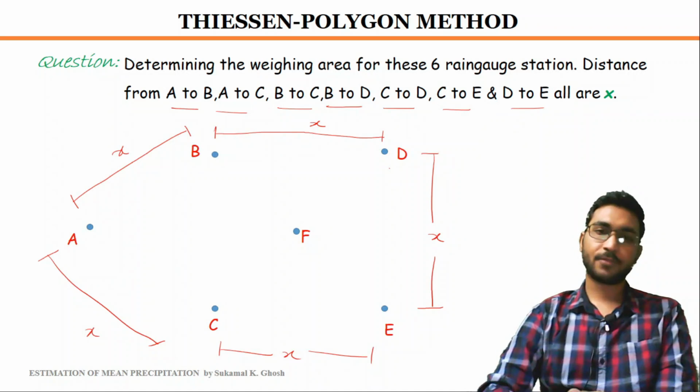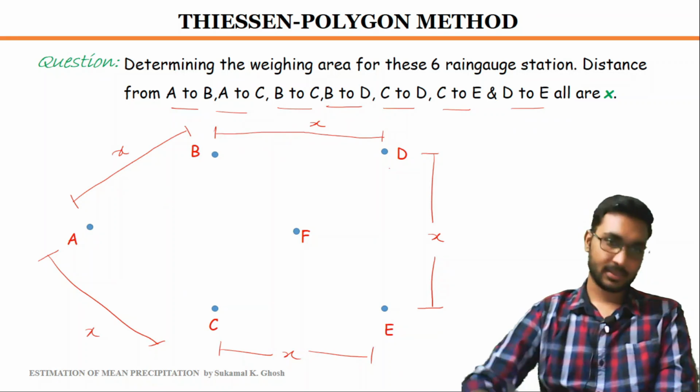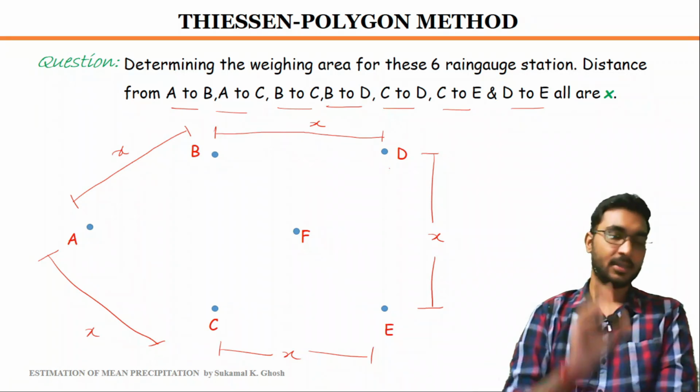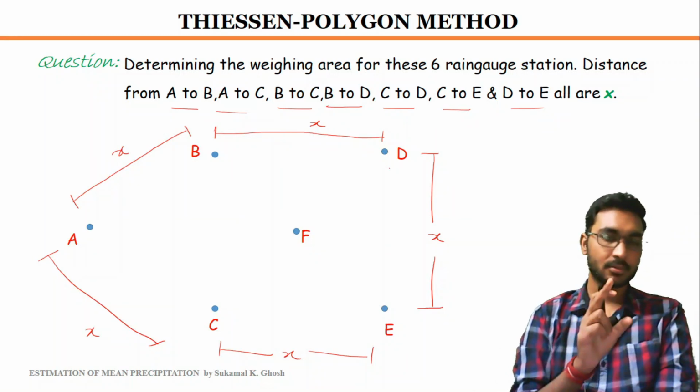So what was our first step to determine the weighing area or Thiessen polygon area? The first step was to join the rain gauge stations to form triangles.